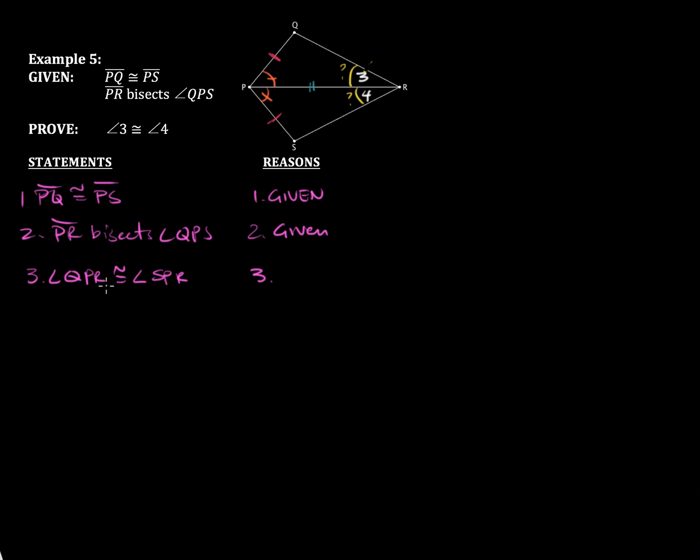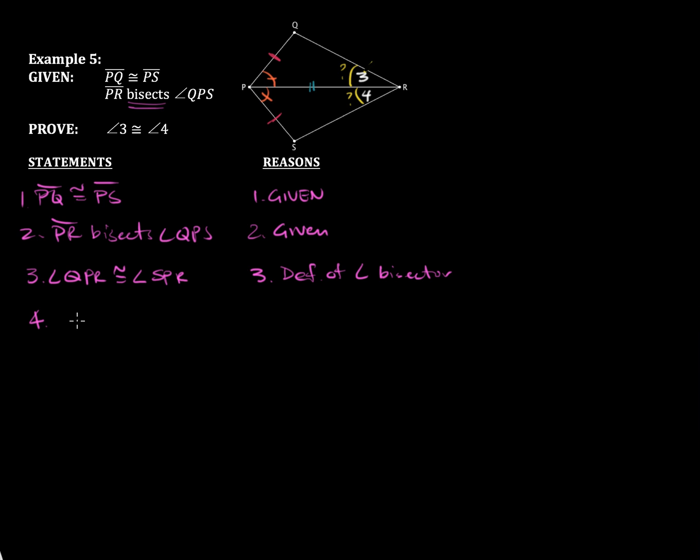And why were we able to say that these two angles are congruent? Because we knew what it means to bisect an angle. So we're going to say definition of angle bisector. Don't just say definition of bisects, because it's really the fact that we knew that an angle had been bisected that let us say that these two angles are congruent. So definition of angle bisector would be our reason.